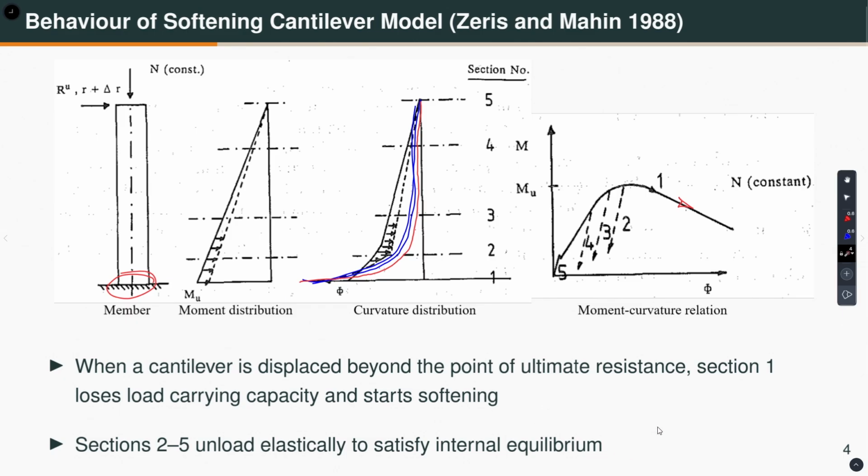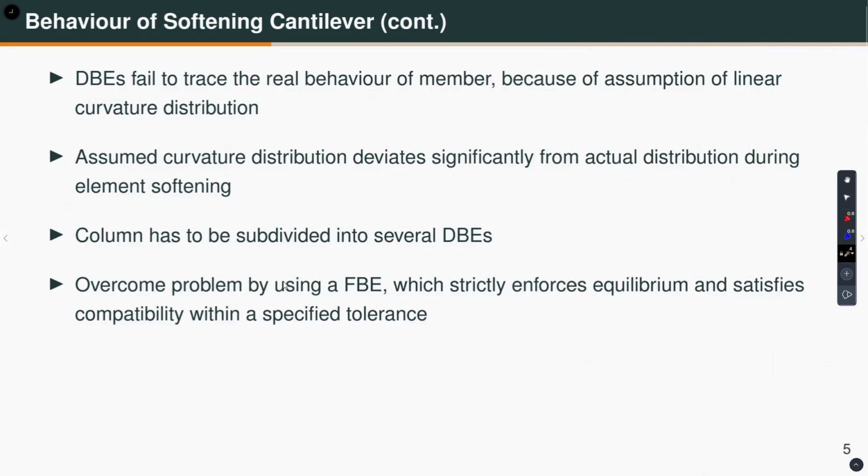Now, if you use a displacement based element, it is very difficult to capture this behavior, because in a displacement based element, within the element curvature varies linearly. So, from here to here you can use, let us say, one displacement based element, but then here you will need many displacement based elements to be able to capture this, which is like unrealistic. Okay.